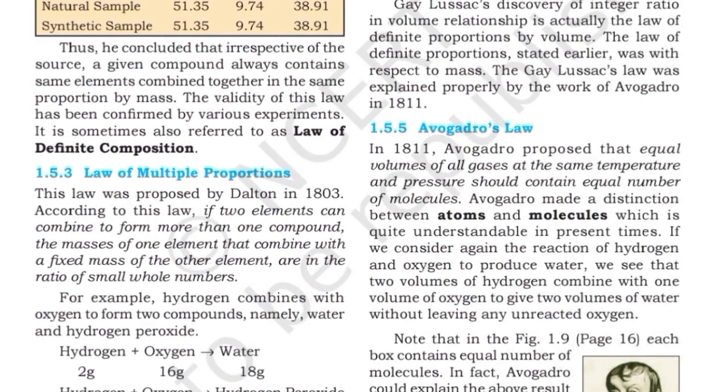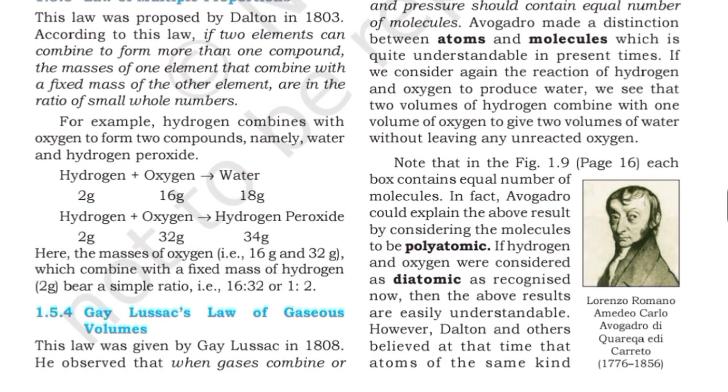Law of multiple proportions. This law was proposed by Dalton in 1803. According to this law, if 2 elements can combine to form more than one compound, the masses of one element that combine with a fixed mass of the other element are in the ratio of small whole numbers. For example, hydrogen combines with oxygen to form 2 compounds, namely water and hydrogen peroxide.